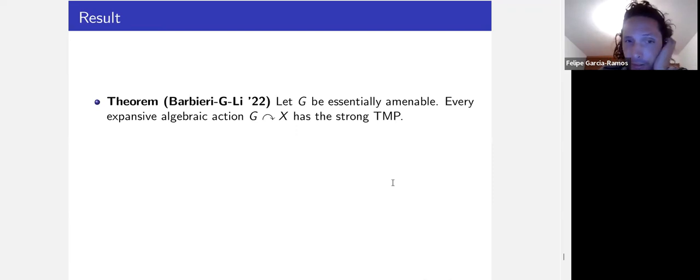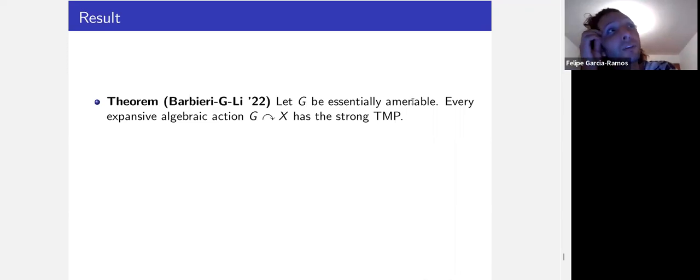Okay, so here's the first result. I take G to be essentially amenable. Essentially amenable is basically whatever you can construct using abelian groups: you take extensions, factors, and inverse limits of abelian groups and subgroups, and whatever you get in this family.